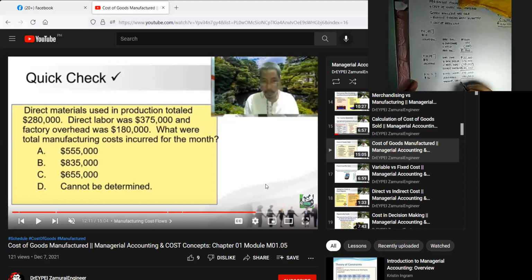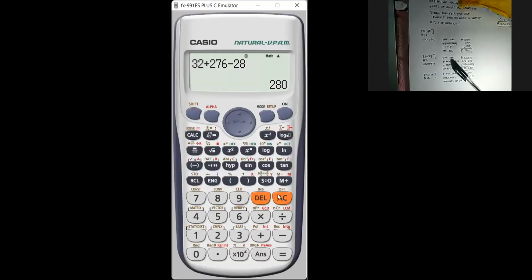In terms of peso, I will show you the calculator. 280 plus 375 plus 180.